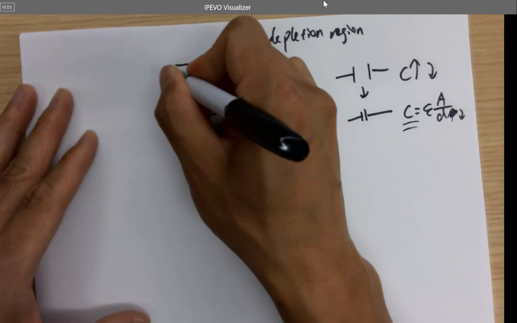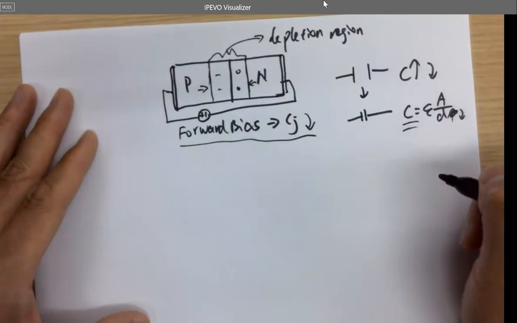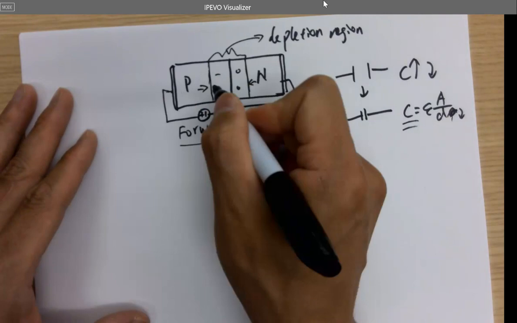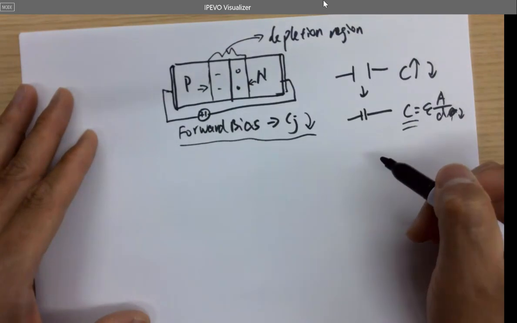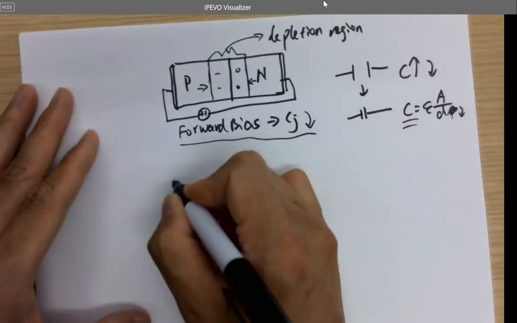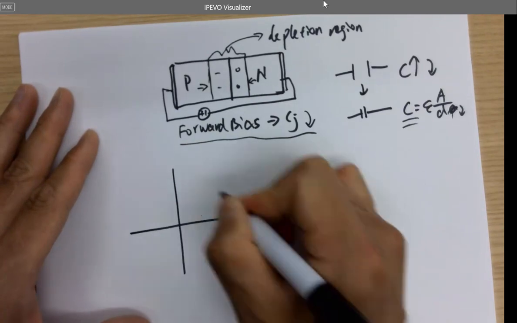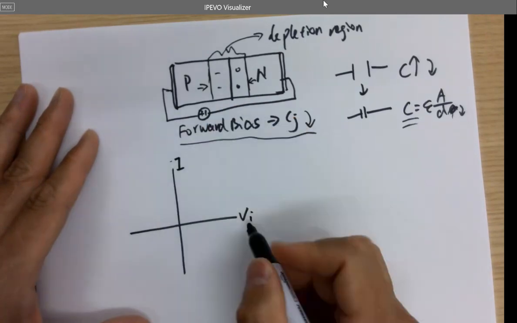And this one, if I add a metal plate here, it forms a diode, because metal PN junction, it becomes a diode. The IV curve for a diode, this is VI.